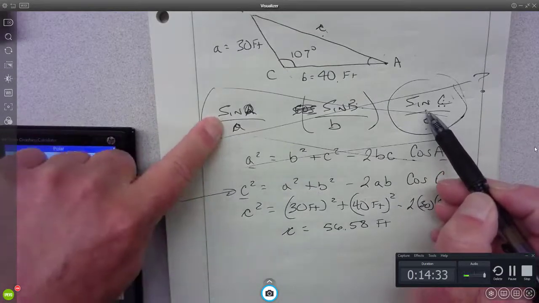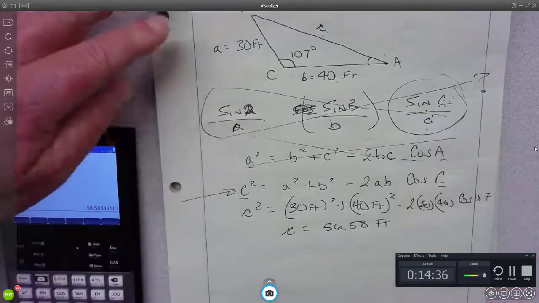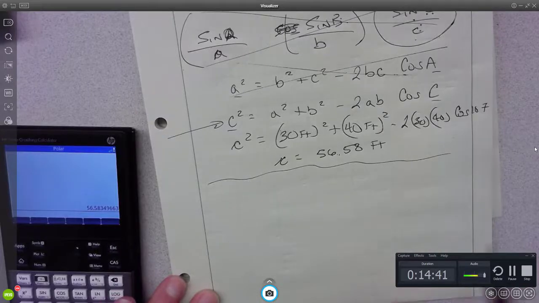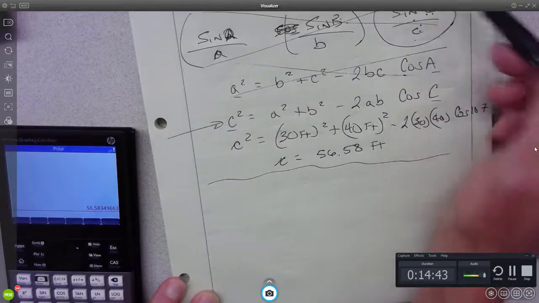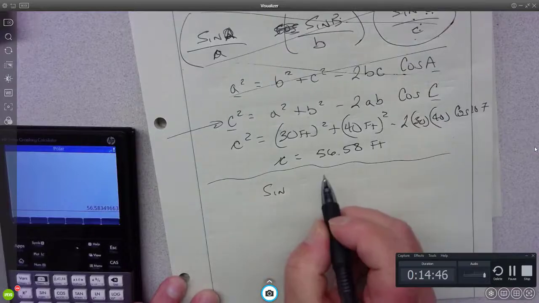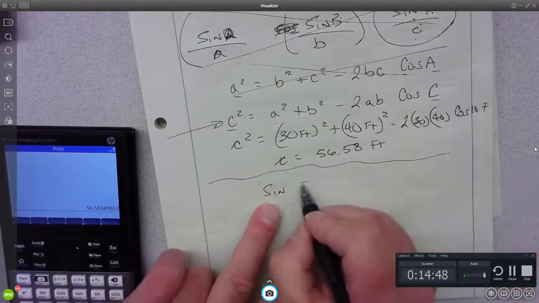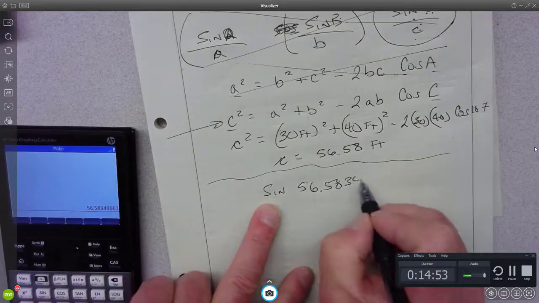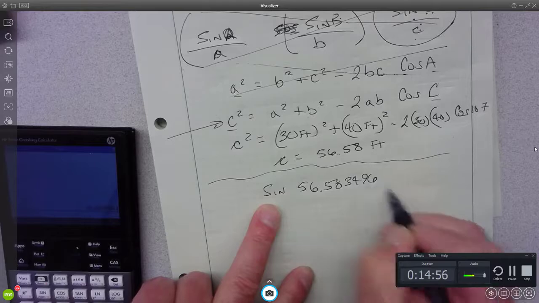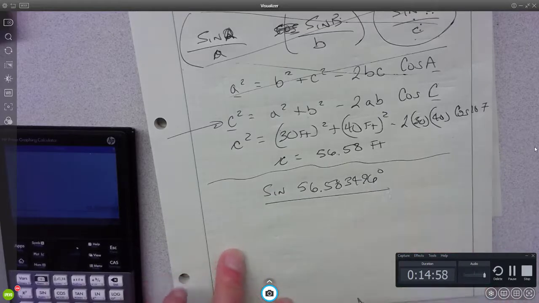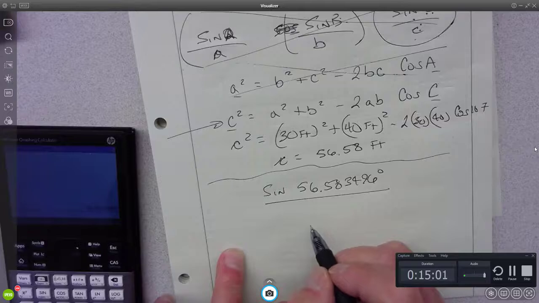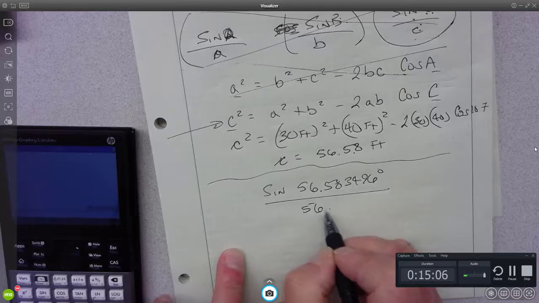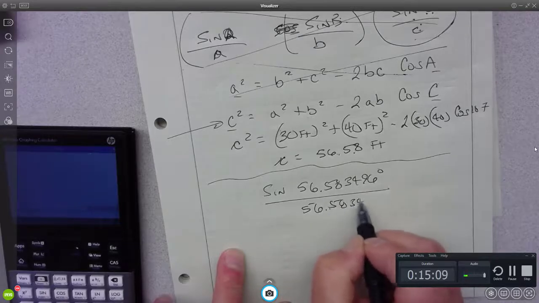Ooh, man, I used all your time. So I'm going to write that just real quick so you can see it later maybe. But now that I have C, this fills out. I can say sine C, which is this, 56.583496 over, wait a second, that's C. That should be on the bottom. 56.58349.